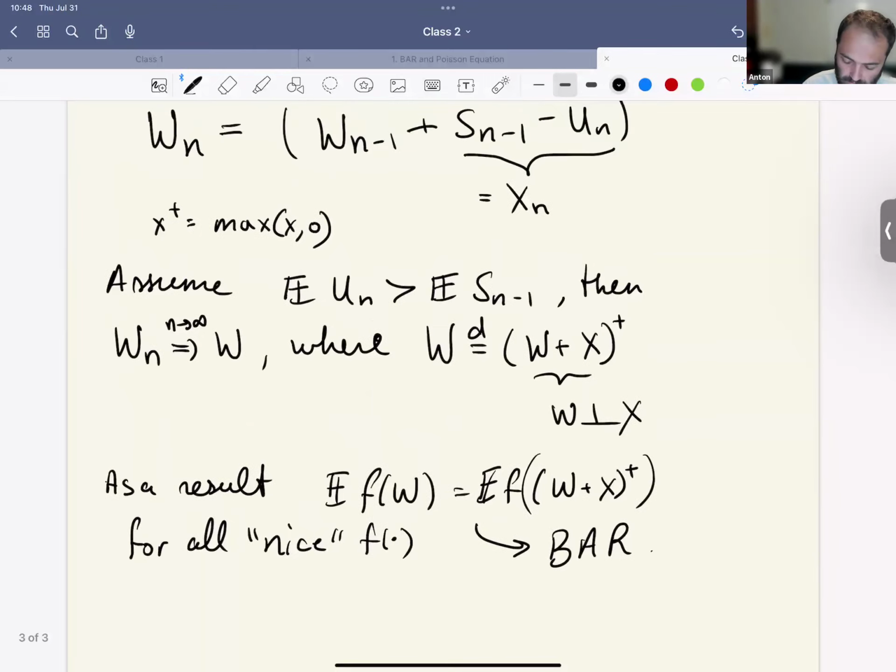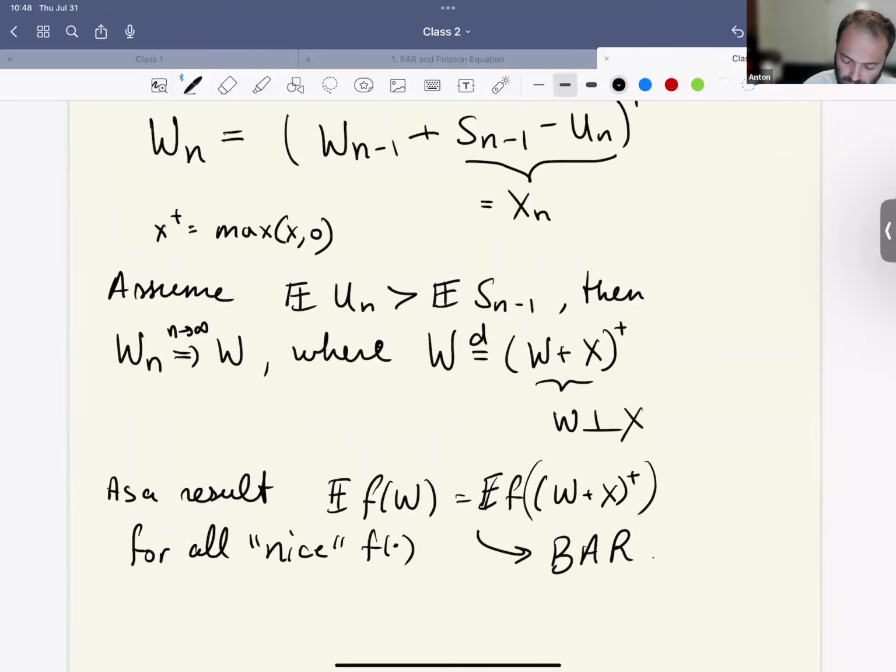Okay, quickly, why is it the BAR? We can think of this, if it's a discrete time Markov chain, as a one-step transition. And so this is saying that the distribution of W equals the distribution of the one-step transition, which is true under stationarity.